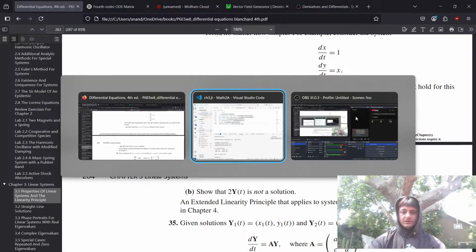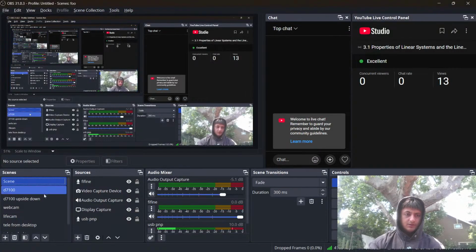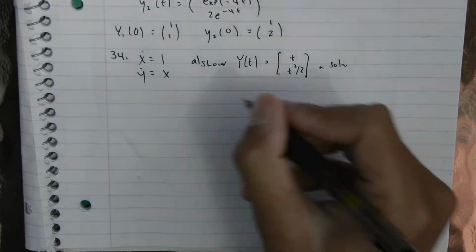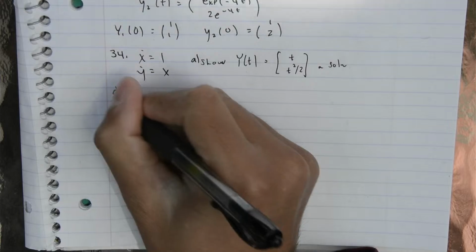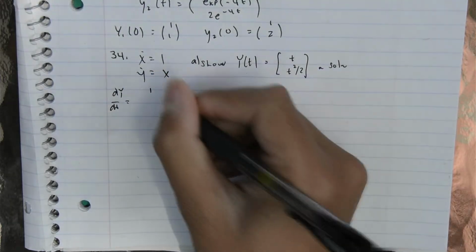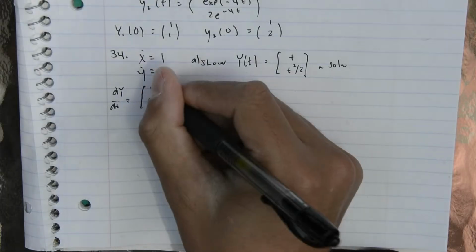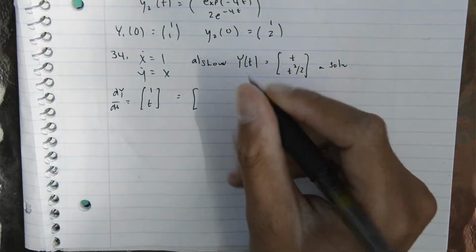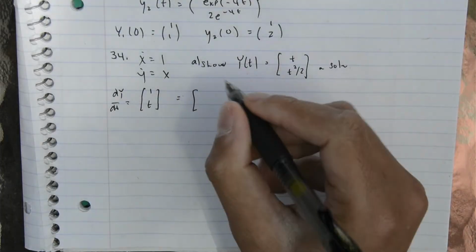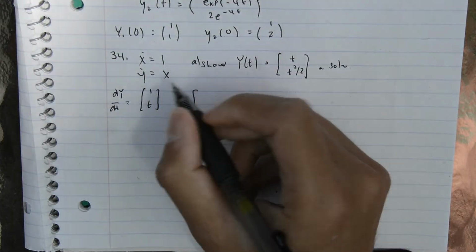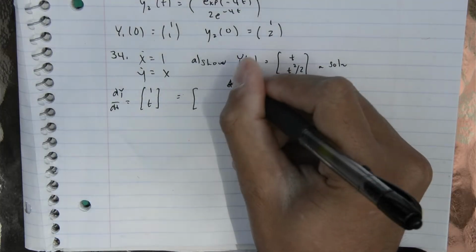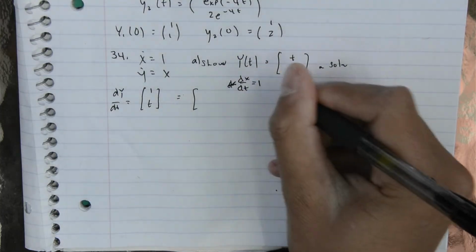Okay, so let's just do it. dy/dt is going to be equal to 1 and t. I'm going to check that. So dx/dt is equal to 1.